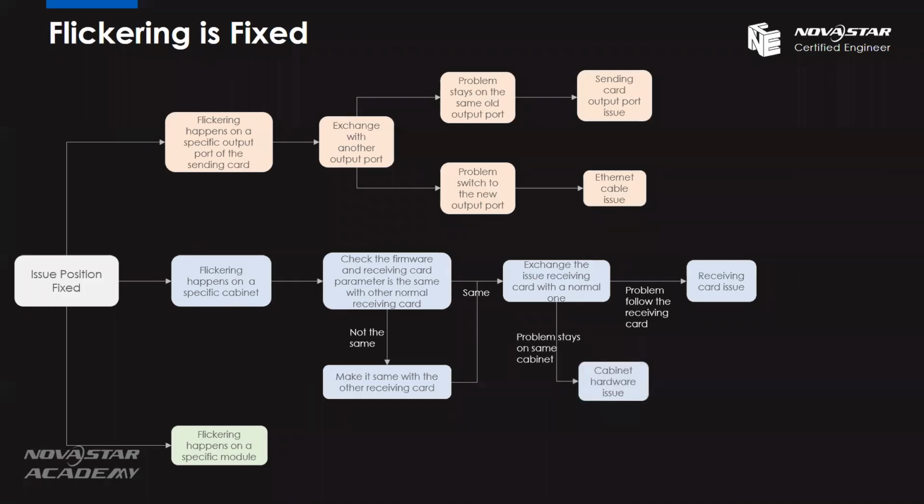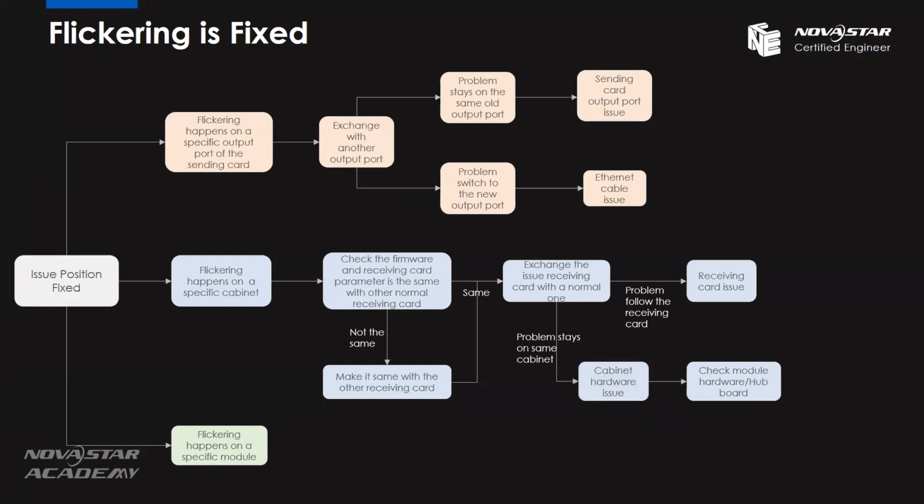And if the problem stays on the same cabinet, which means even if I replace the receiving card the flickering is still there, okay, we can confirm the problem is on the cabinet. It could be a cabinet hardware issue. Then we can check the module hardware, or we can check the hub board.